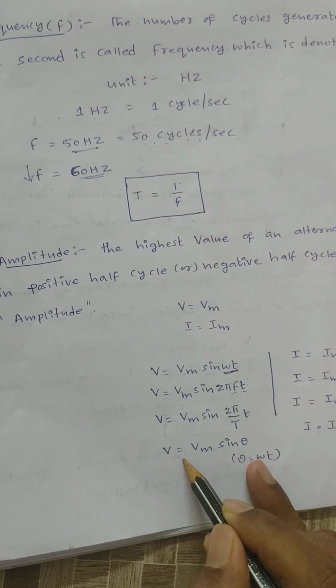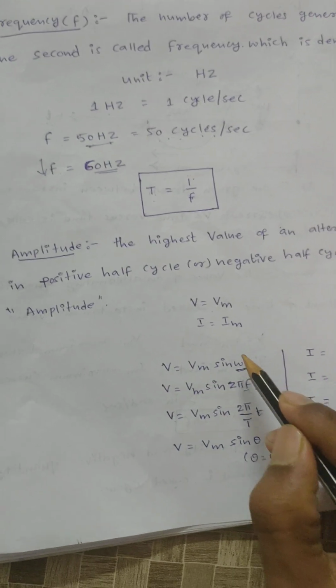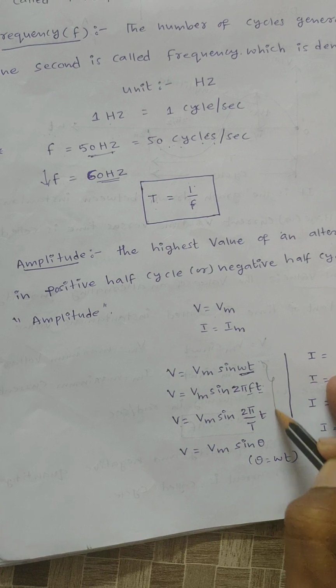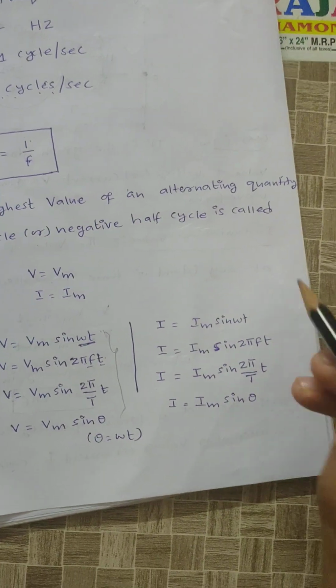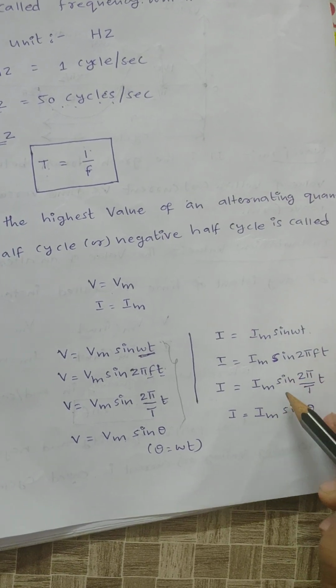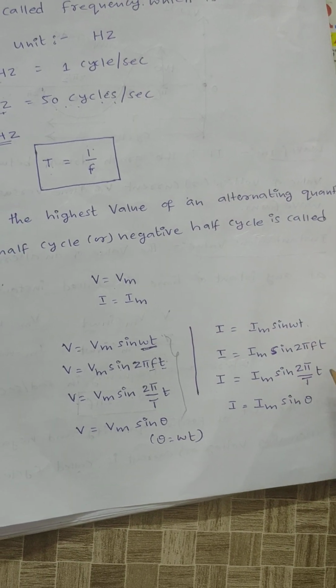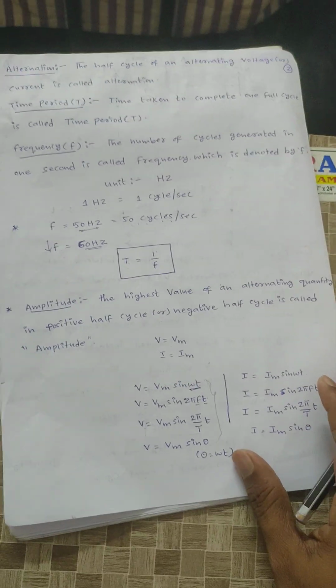That is again V is equal to Vm sin theta, where theta is equal to omega t. These are the ways to represent instantaneous value of voltage. Similarly, current also: I is equal to Im sin omega t, that is I is equal to Im sin 2 pi by T into small t, that is I is equal to Im sin theta.